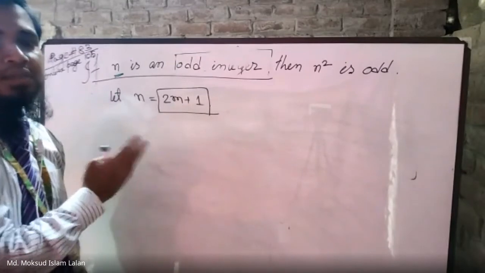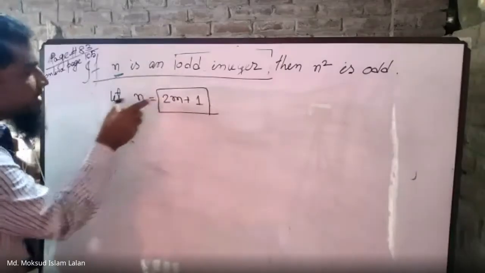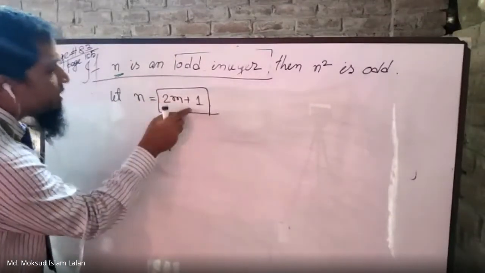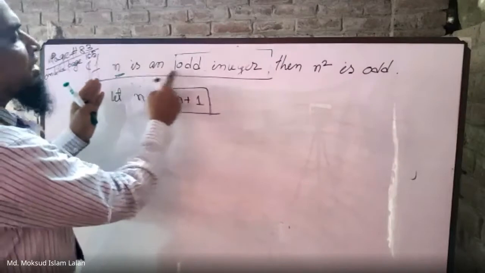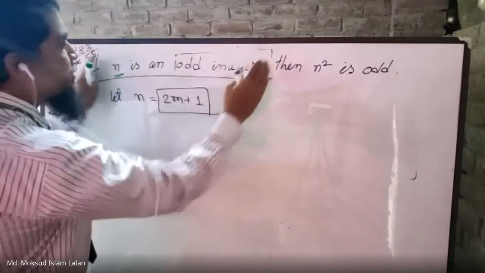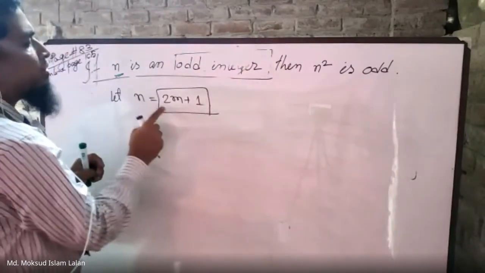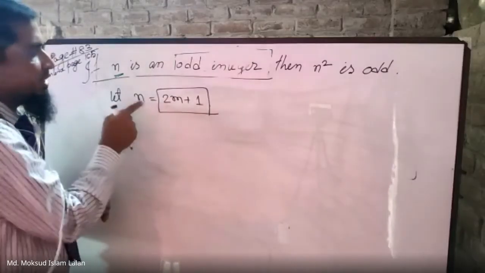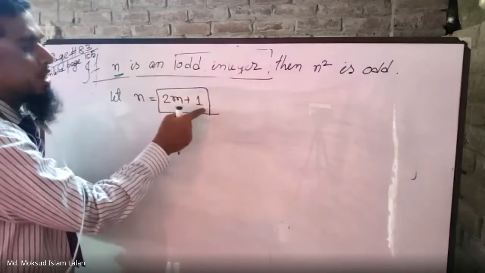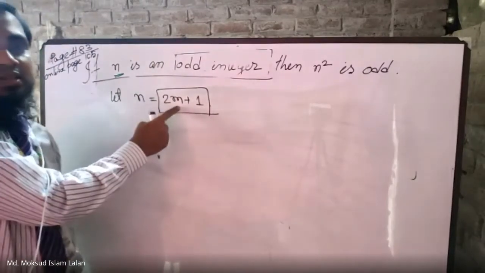Let me write this line: if n is an odd integer, on the basis of this line, n equals 2m plus 1, where m is an integer.